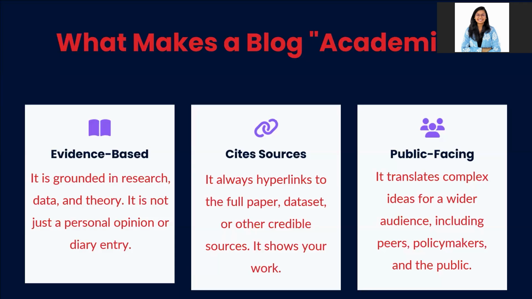Because academic blogs are evidence based. It allows you to cite your references. You're trying to inform the audience, you're not trying to inspire them. You're trying to make the reader understand this is a really important thing. This is how things are happening. This is how different organizations are connected, and this is how the public is getting affected.